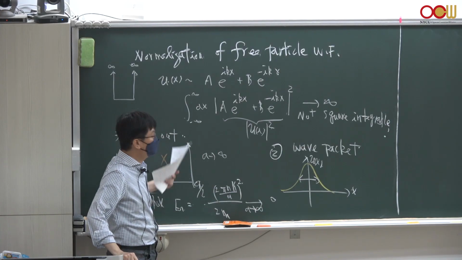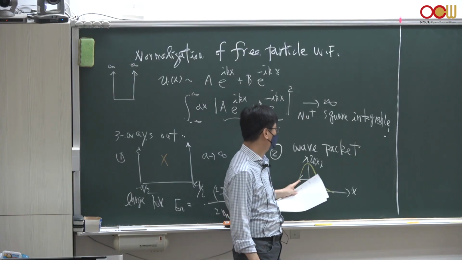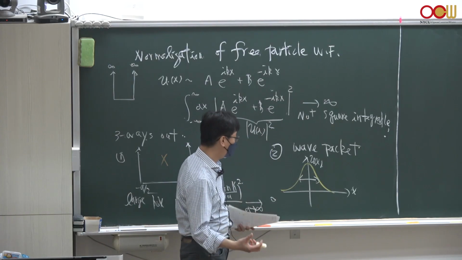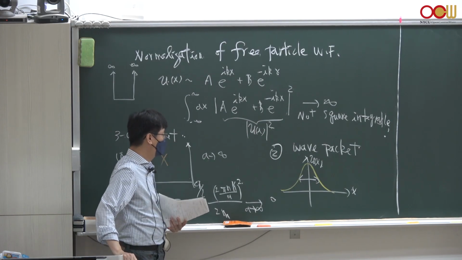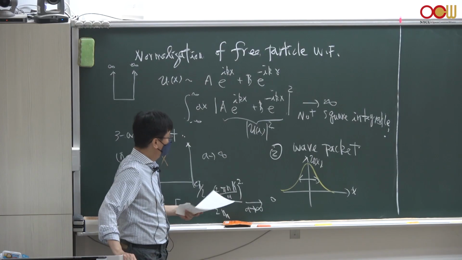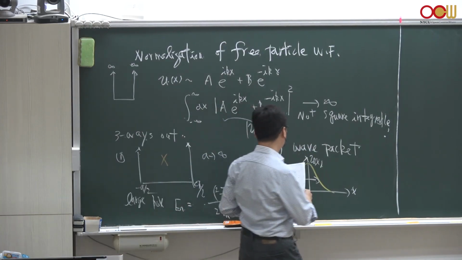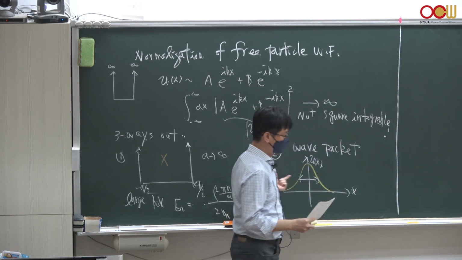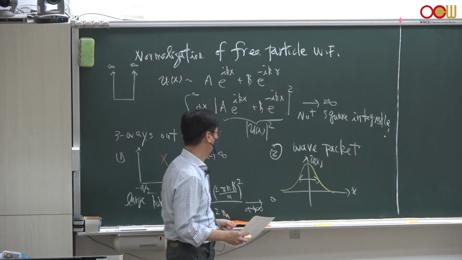In a wave packet formulation, the quantum particle is confined within the width of the wave packet, so it cannot be simply a free particle wave that you could find anywhere. You should find it localized somewhere in the wave packet.